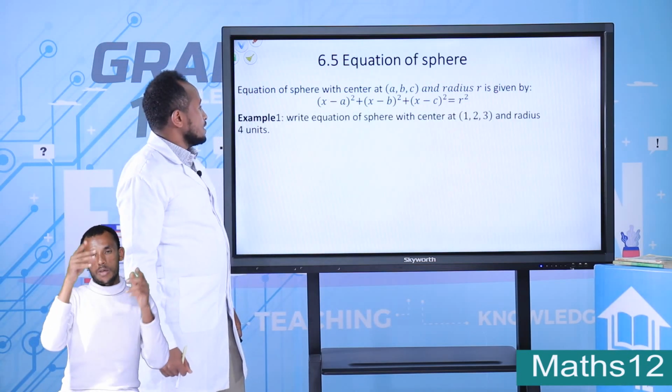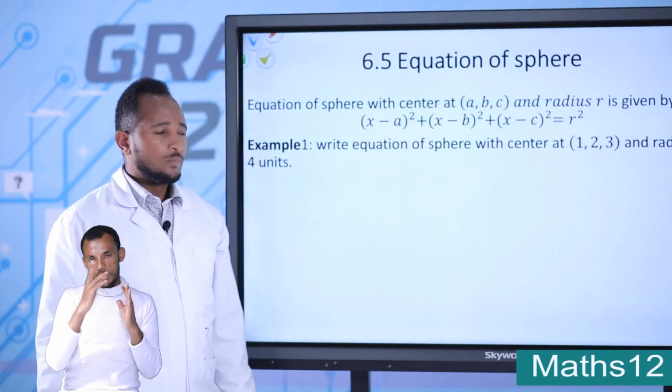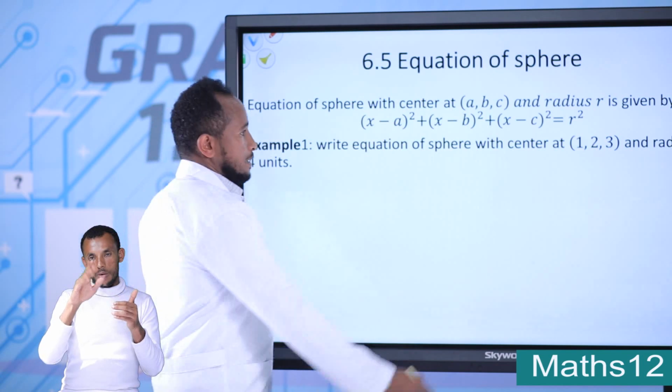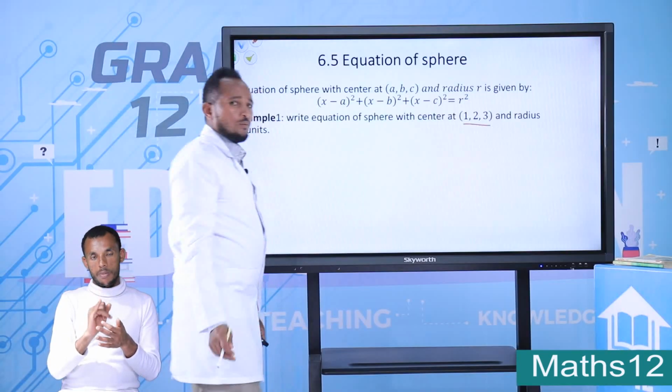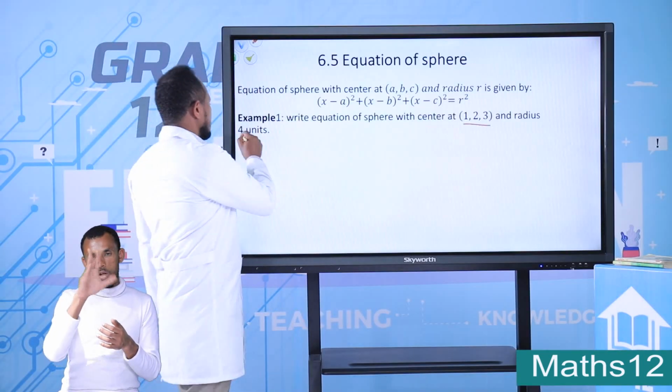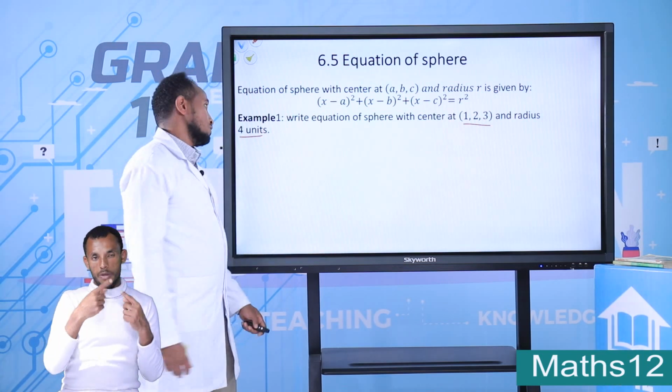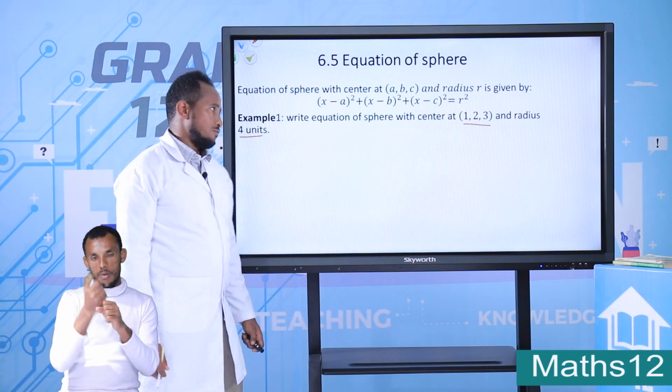So let's see an example for this one. Try to write the equation of a sphere whose center is 1, 2, 3 and radius is 4 units. To write the equation, simply apply the formula.